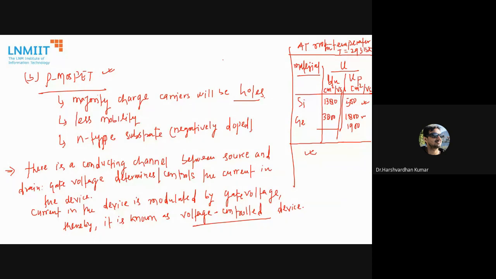Now one more important thing is the threshold voltage. These are the basic terms of MOSFET, represented by VT. What is threshold voltage?